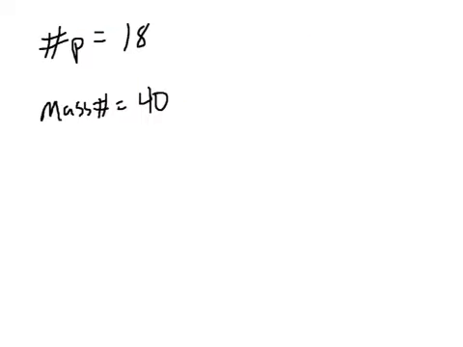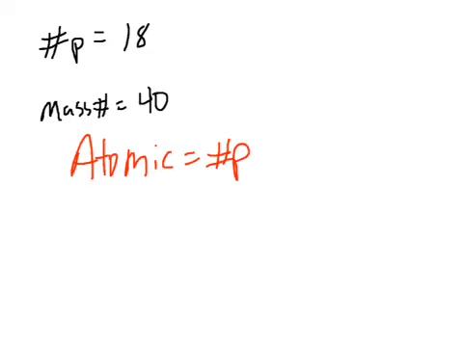Okay, so let's say you have a worksheet or some experiment you're doing and you know only the number of protons in an atom, 18, and its mass number, 40, and you are asked to find everything else. Even though you only know these two pieces of information, you can solve for the electrons, the neutrons, and the atomic number. If you go back to our rules, the atomic number was equal to the number of protons, so for our element, the atomic number equals 18.